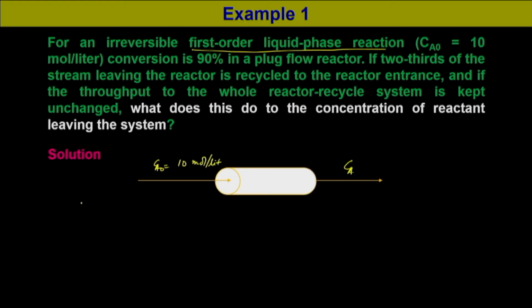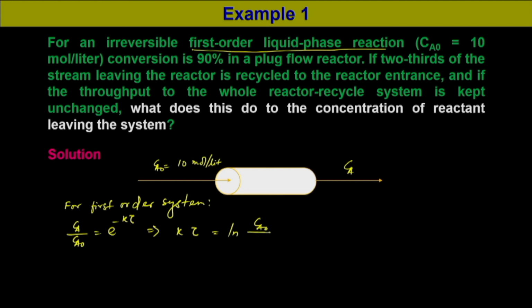So, for a first order system we know that CA by CA0 is equal to e to the power minus k tau. From here we can write k tau is equal to ln CA0 by CA.